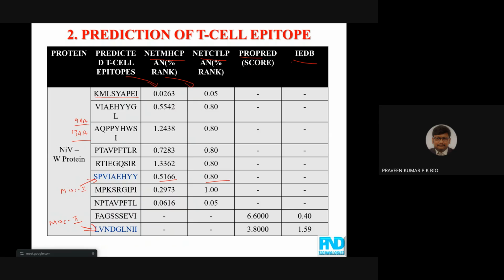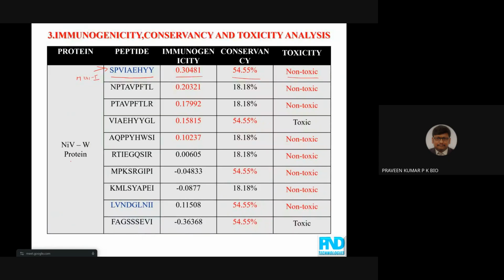So like this, we can use our methodology, an algorithm, to fix a base peptide epitope from thousands of epitopes generated from the server. Similarly, for MHC2, I screened this peptide, which showed good conservancy, is non-toxic, and even this value is positive maximum.